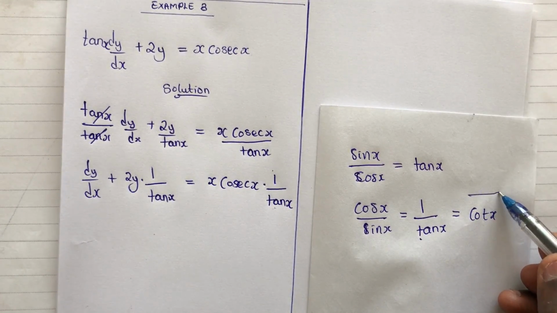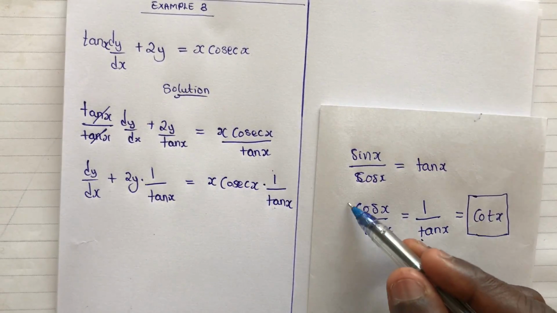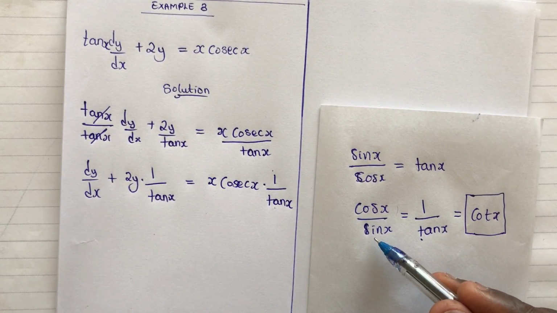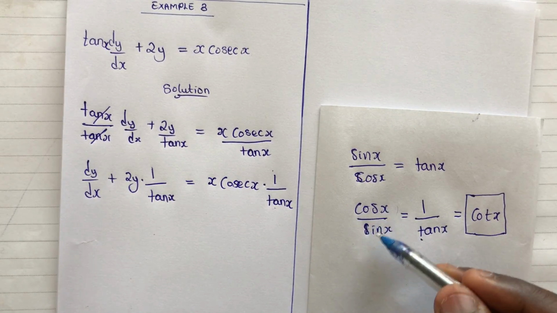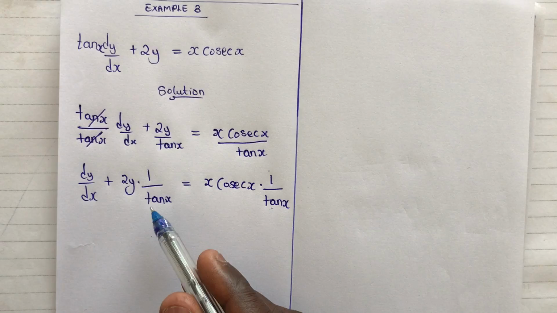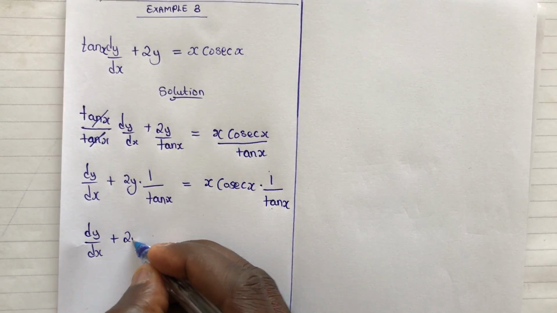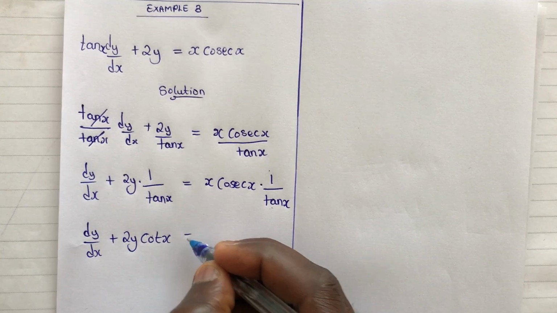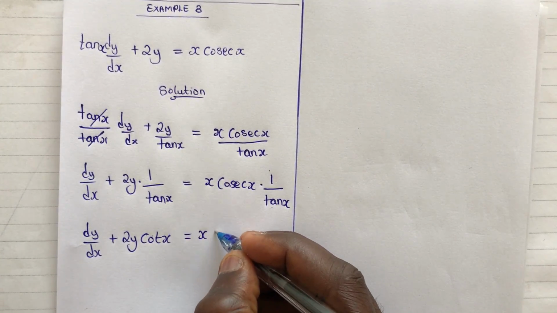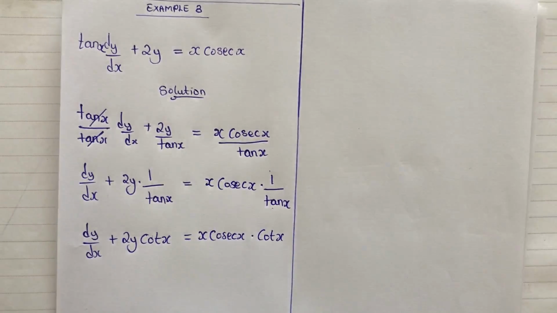I am interested in this. So we are going to use this form to complete the question because I can't use cos x over sine x. It will be difficult for us to integrate this. So now I will switch this side to cot x. So we have dy/dx plus 2y cot x equals x cosec x times cot x.